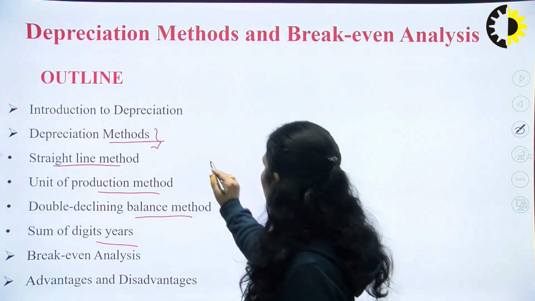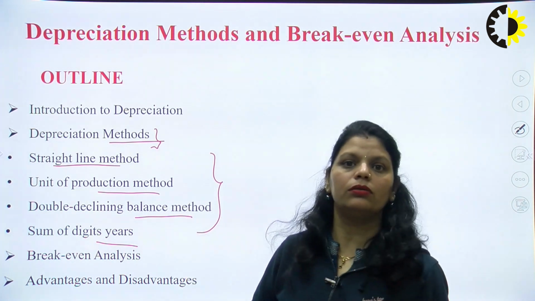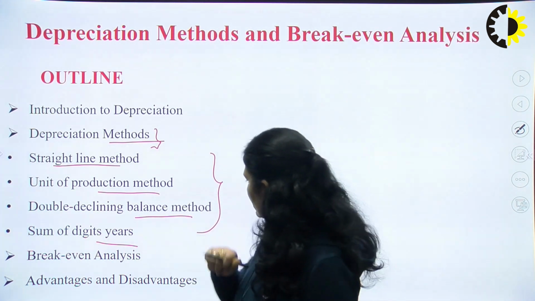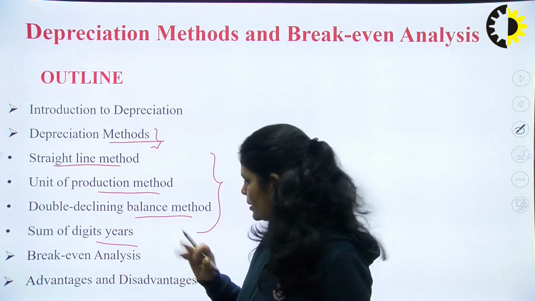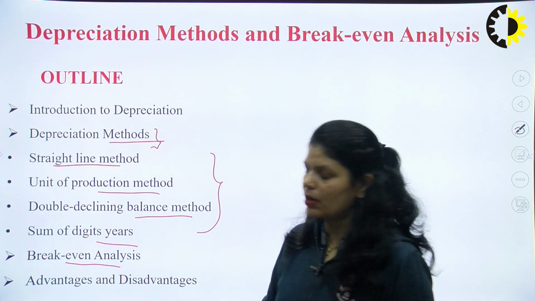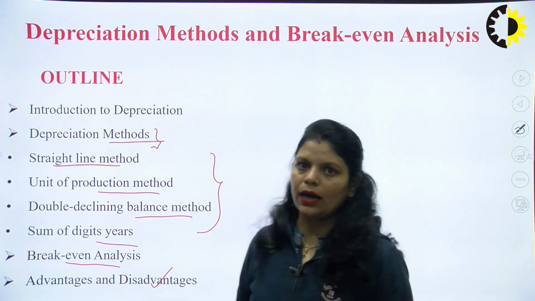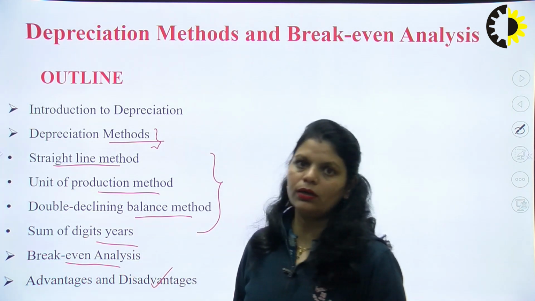These will be discussed in detail, and we will understand them with the help of examples for better understanding. After that we are going to discuss break-even analysis and the advantages and disadvantages of this particular analysis.